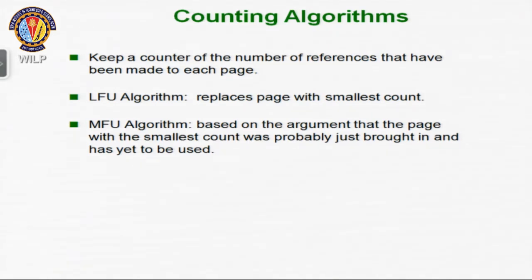Another algorithm is in terms of the frequency of use. These algorithms are categorized in the group we call counting algorithms. So what we do is we try to maintain a frequency of use of frames. Here one of the proposed algorithms is known as LFU, that is the least frequently used algorithm.